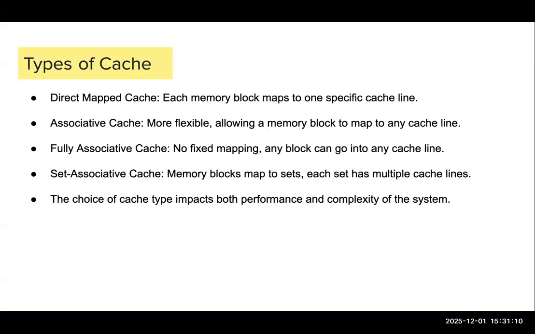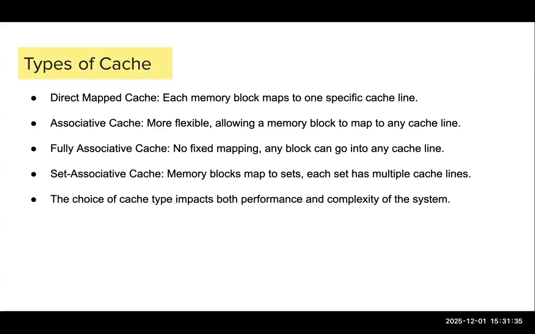And then we have types of cache. In that, we have four types. The first type is direct mapped cache. Each memory block maps to one specific cache line. There's a fixed formula that determines where each block goes. So that is direct. Associative cache is more flexible, allowing a memory block to map to any cache line.